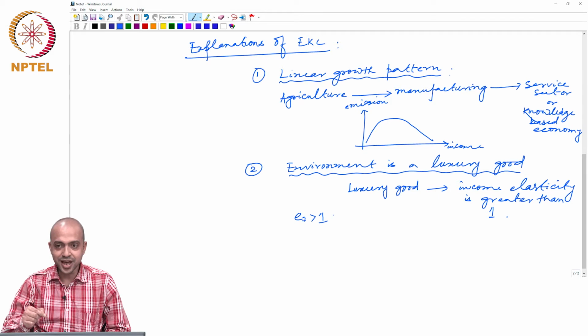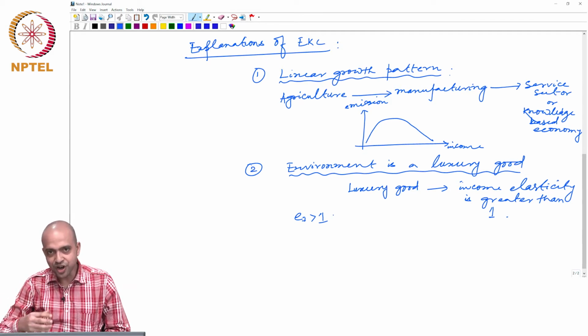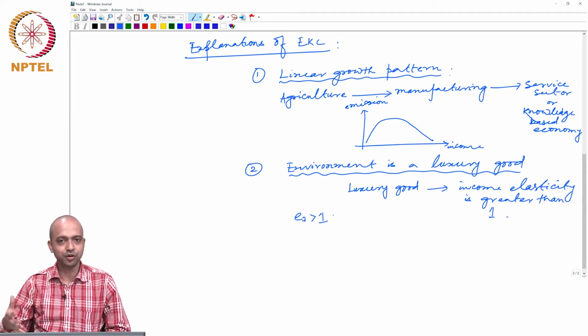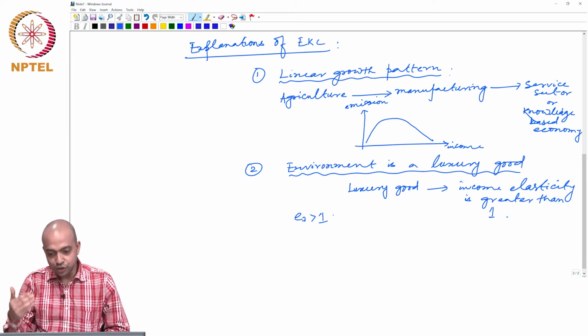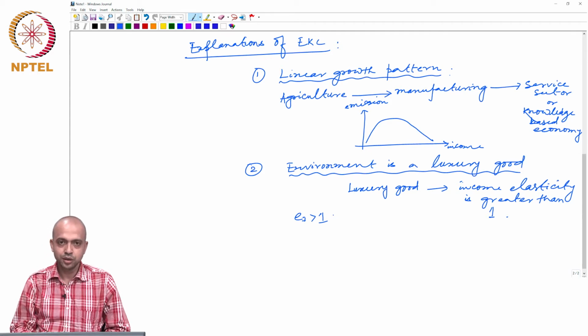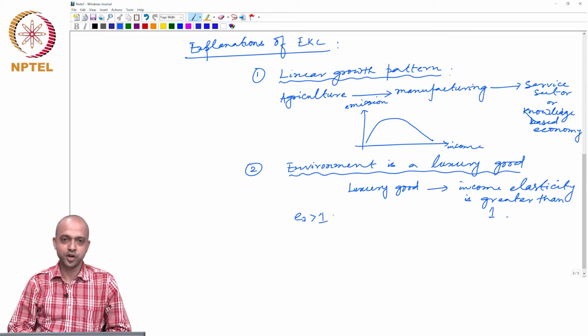That is the reason at a higher level of income, when all economic agents, all of us, individuals, firms and government, start caring about the environment, then pollution per capita comes down. So, because of this nature, we observe this inverted U-shape relationship between income per capita and emission.